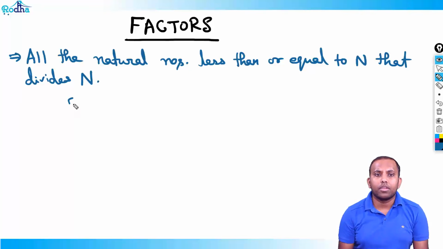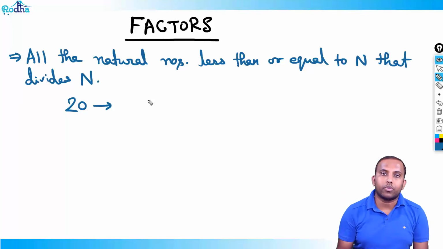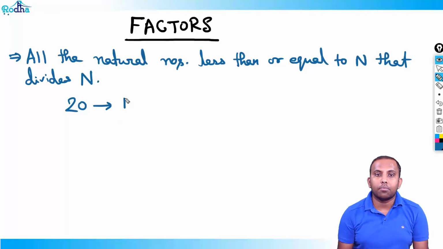For example, 20. What are the factors of 20? All the natural numbers less than or equal to 20 that divide 20. 1 is a factor of 20, 2 is a factor, 4 is a factor. 3 is not a factor of 20, as 3 won't divide 20. 5 is a factor, 10 is a factor, and 20 itself is a factor of 20.